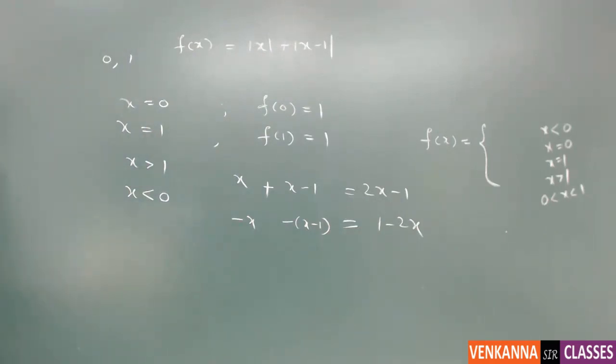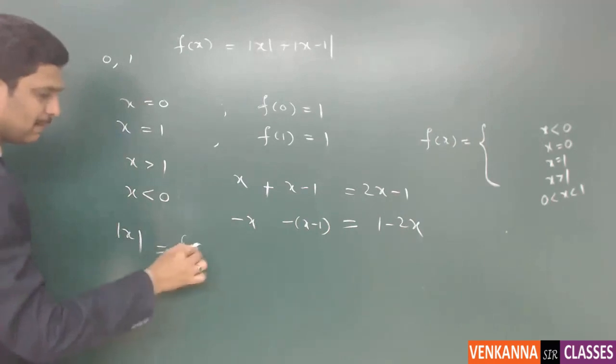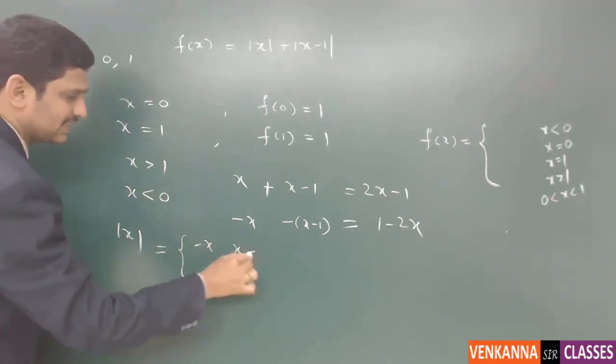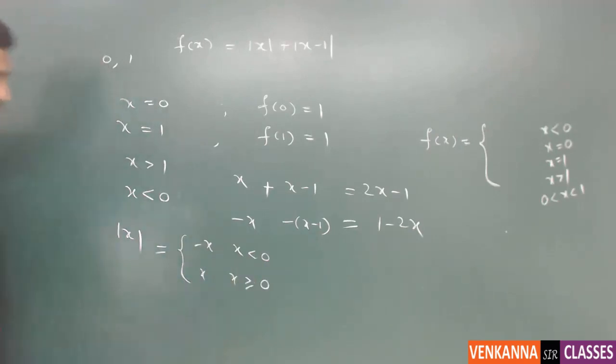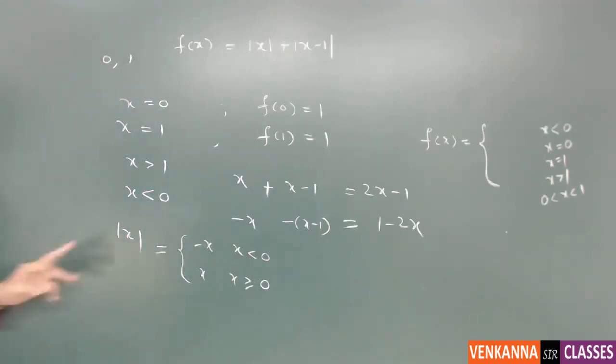Accepted? I think you know how the mod is defined. We define mod x as minus x if x is less than 0 and x if x is greater than or equal to 0. I think this definition is known to everyone. Am I correct? If not, please take a note of it.